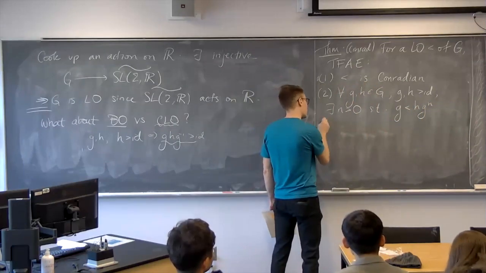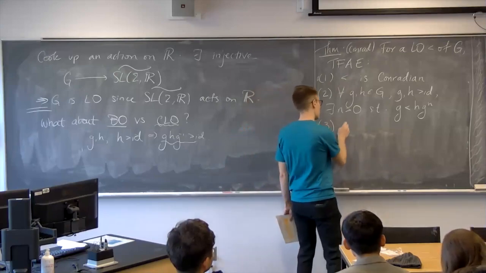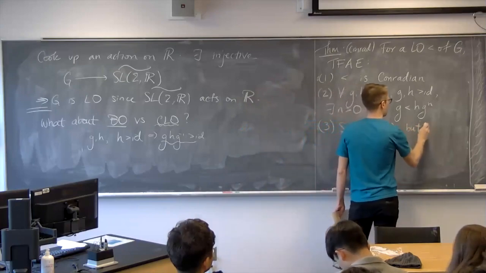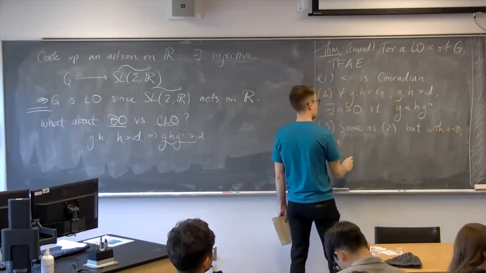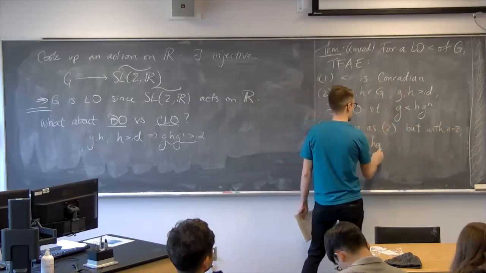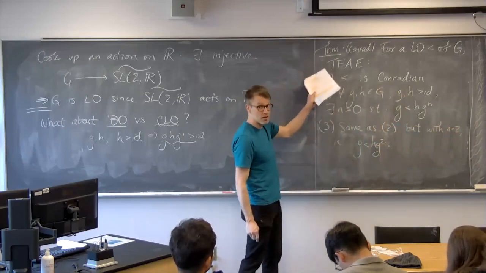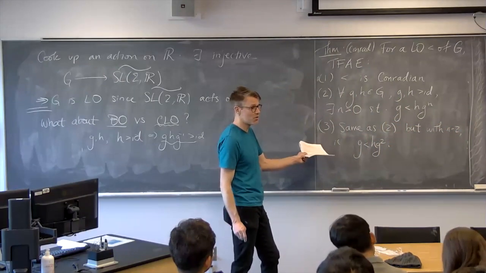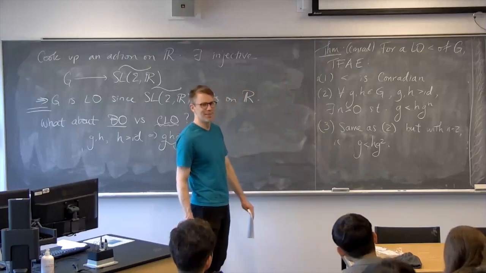Or 3, actually you can use n equal 2. So, same as 2, but n equals 2, i.e. g and h are positive, and g is less than h g squared. And I don't actually think this was in Conrad's original paper, and I don't know where the first place this was written down was, but the first person that I learned it from was Andrés Navas. So thanks to him for pointing that out.